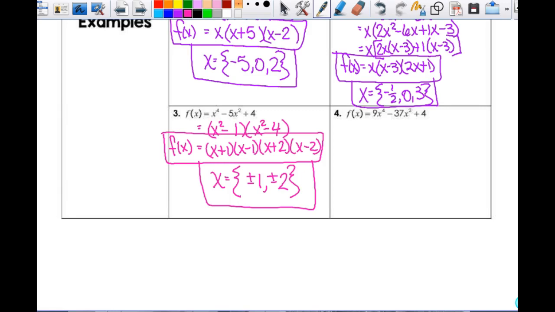You're going to have to do some maybe grouping and pretend like it's a quadratic that way, but you can do this.